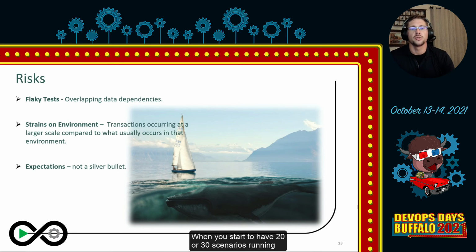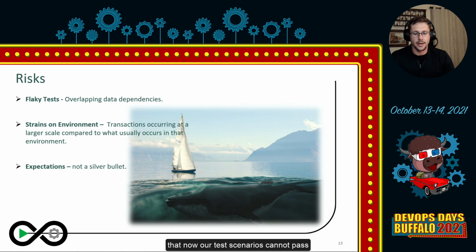When you start to have 20 or 30 scenarios running at the same time, that user could be logged in or activated in 5 of those scenarios at the same time. So having that similar data has put a risk out there that now our test scenarios cannot pass because the data utilized within them is not robust enough to handle parallel execution.